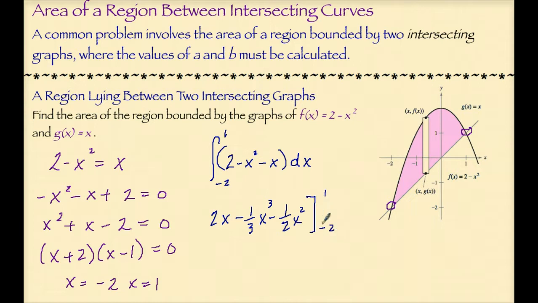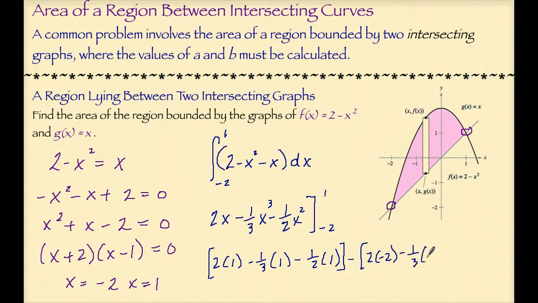to 1. This will give me 2 times 1 minus 1/3 times 1 cubed, which is just 1/3, minus 1/2 times 1, and subtracted from these quantities will be 2 times -2 minus 1/3 times -2 cubed minus 1/2 times -2 squared.